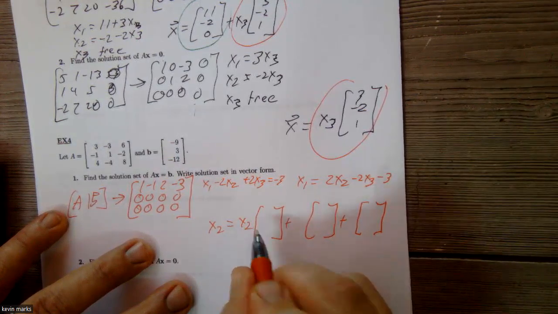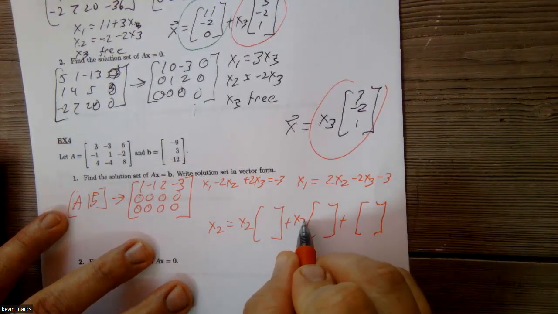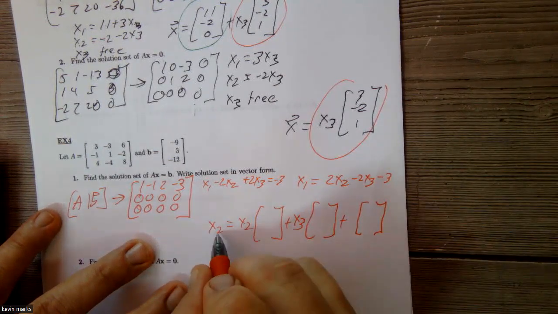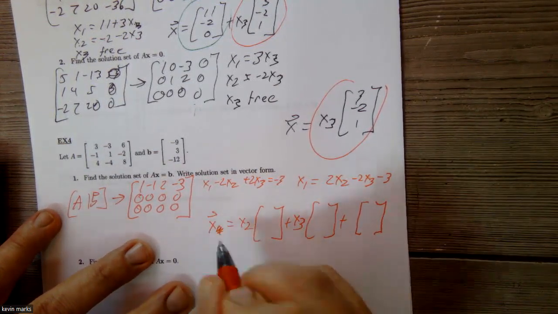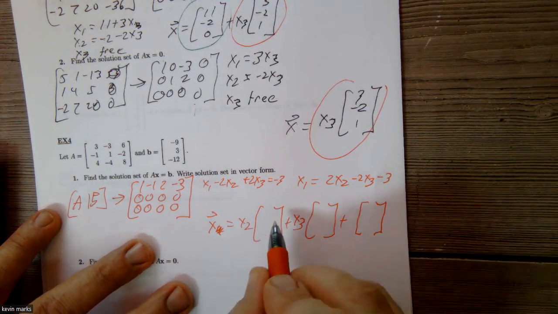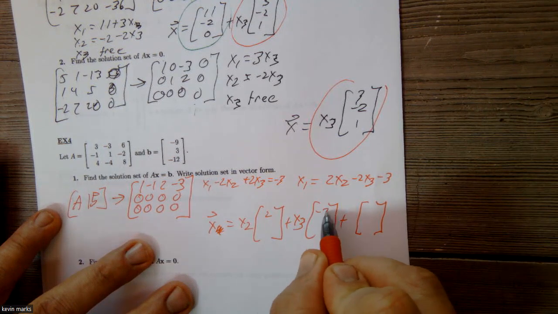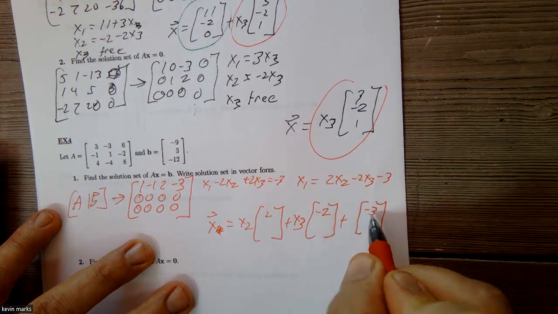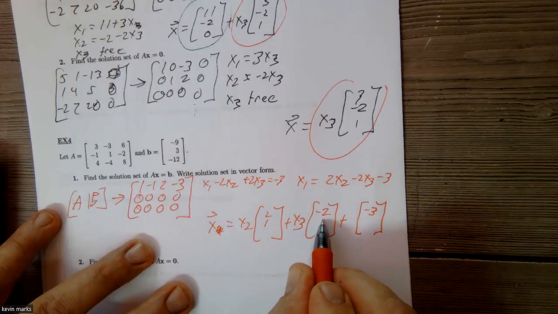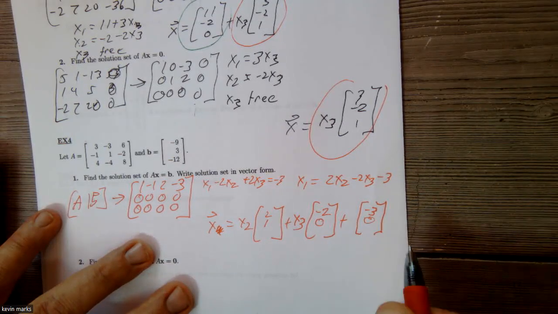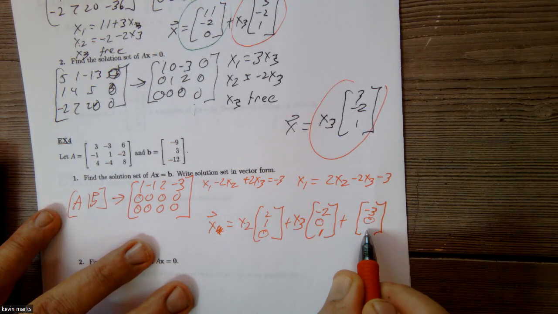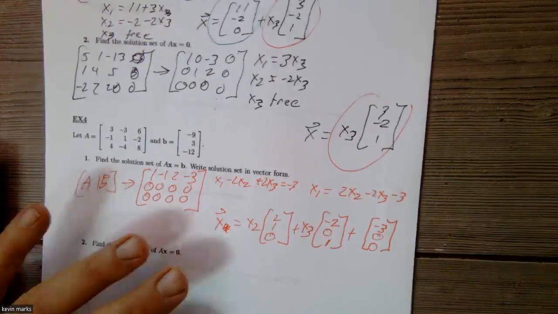This is the whole vector x now. x1 would need 2 of these, -2 of these, and a constant of -3. x2 would need itself, doesn't have any x3s, and doesn't have a constant. x3 doesn't care about x2, it cares about itself, and it doesn't have any constants.